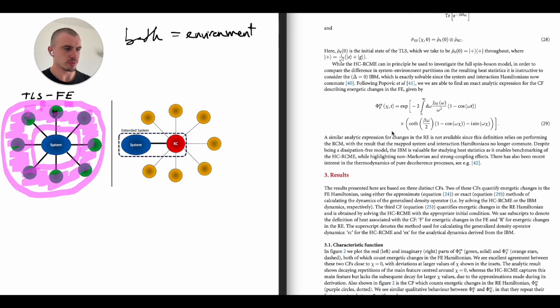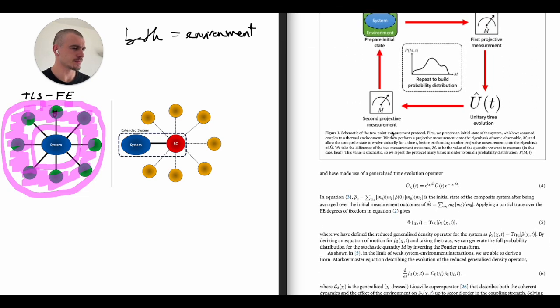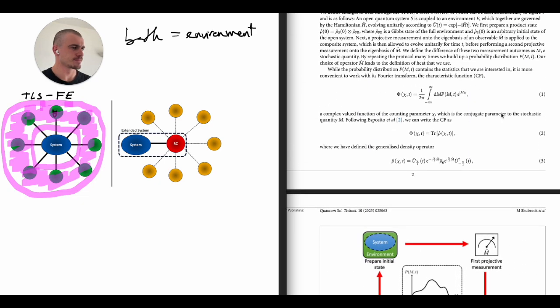So if we scroll back up to, for example, equation 2, we can see that the characteristic function, which is the quantity that we're trying to calculate, and it contains all the statistics that we're interested in, can basically just be written as the trace of this density operator, which is generalized by this counting parameter chi. So by tracking the reduced part of this generalized density operator, we get access to this characteristic function.